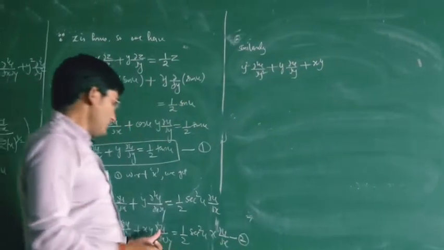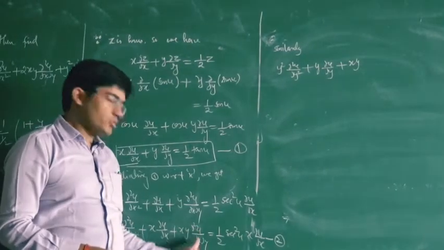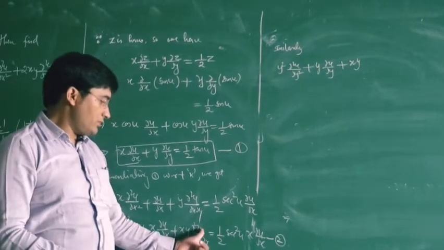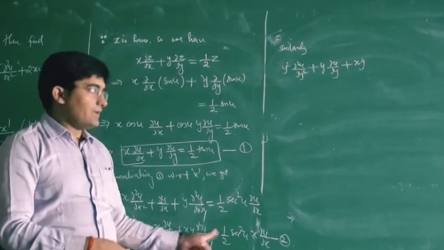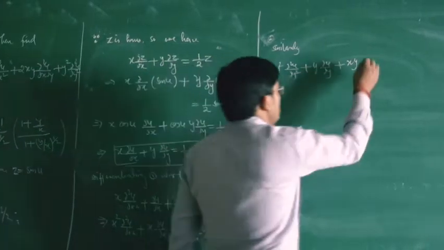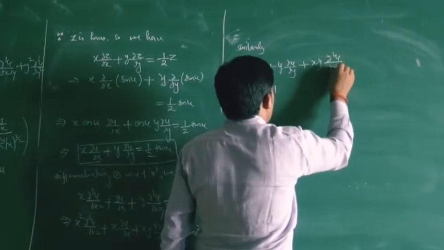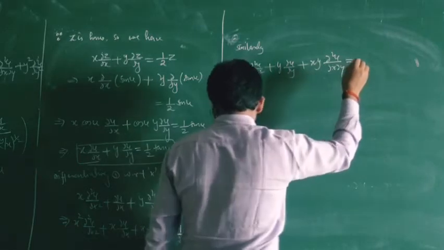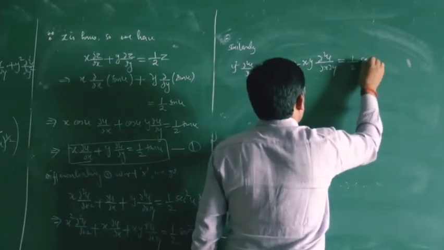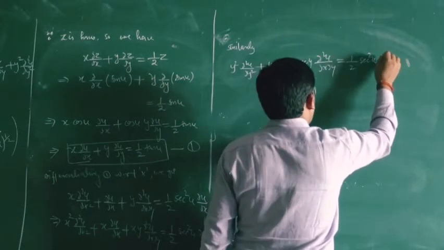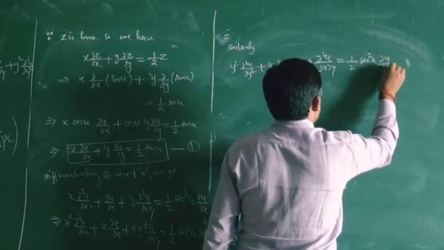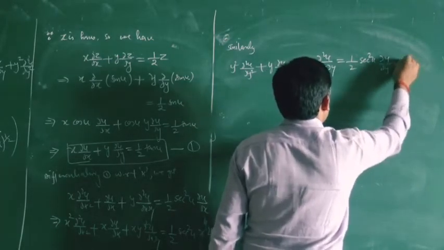As we know that the double derivative of u with respect to x y is same as with respect to y and x, we can write it as del squared u upon del x del y, then it is equal to half sec square u, then del u upon del y. Say this is equation number 3.